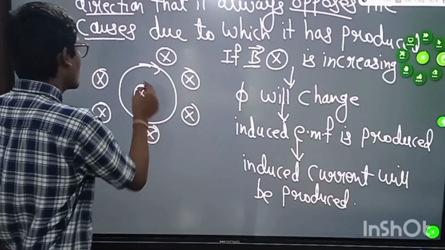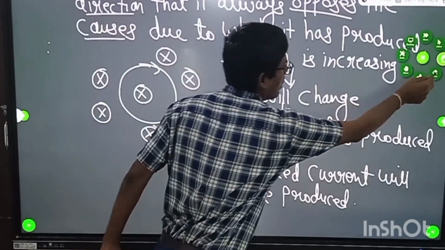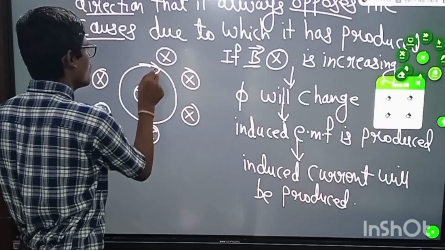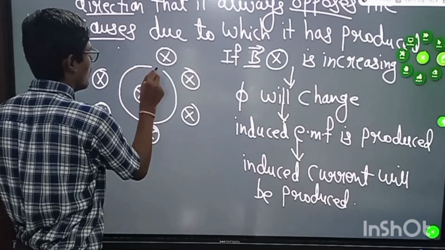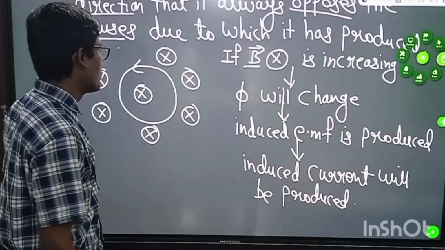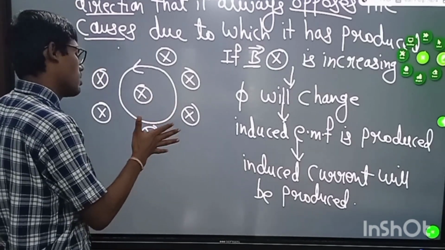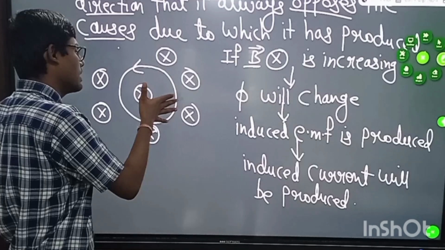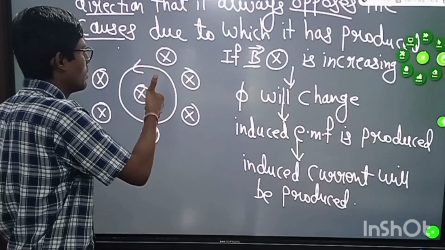So according to Lenz law, the current should flow in this direction, anti-clockwise. See, if the current flows in the anti-clockwise direction, the magnetic field due to this current carrying coil will be upward.